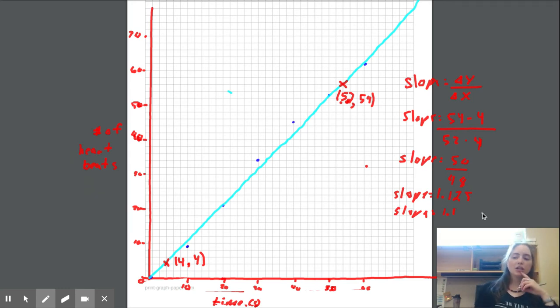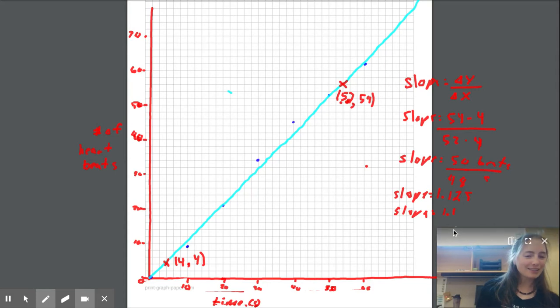Now, the thing is, we need units, ladies and gentlemen. And what does that slope represent? Well, what did I divide by? Y divided by x. What are the units for the y? Beats divided by seconds. So it is beats divided by seconds.